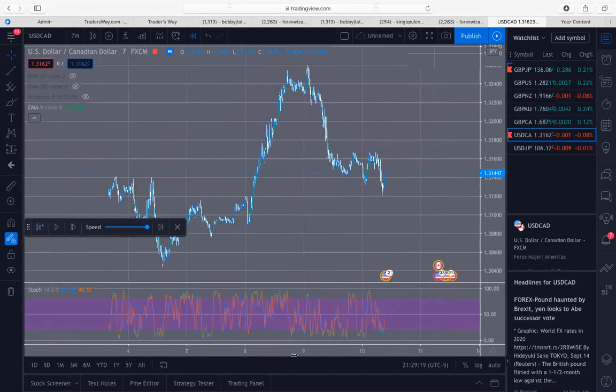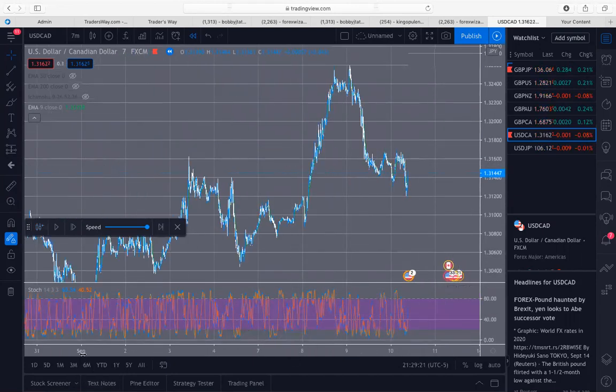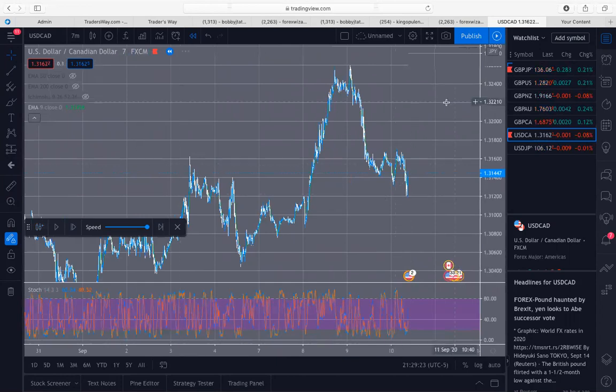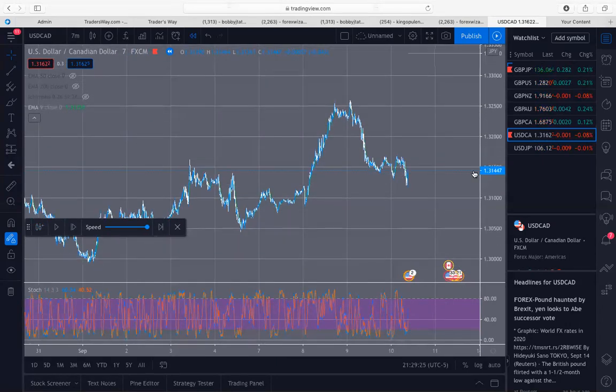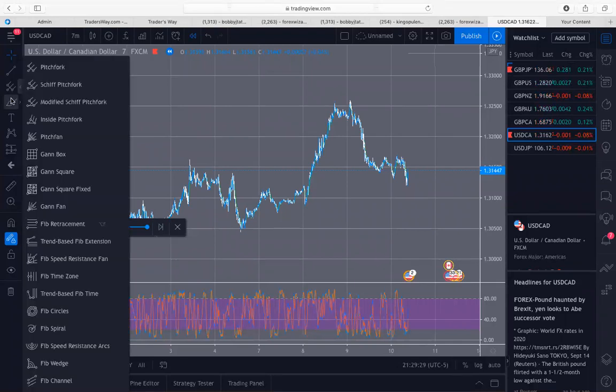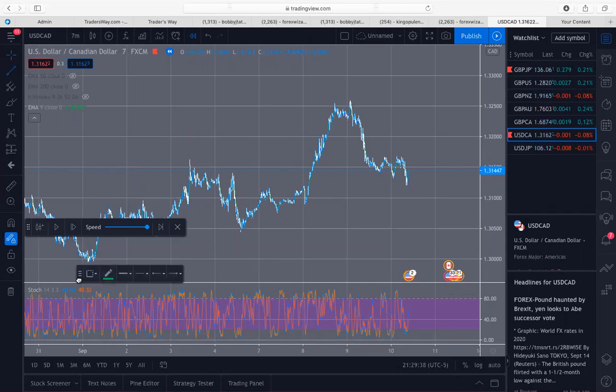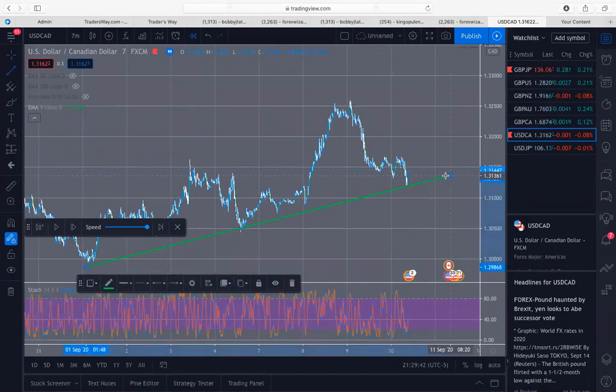And just looking at this trade, when we zoom out a little bit, we can obviously see it's in an uptrend, right?